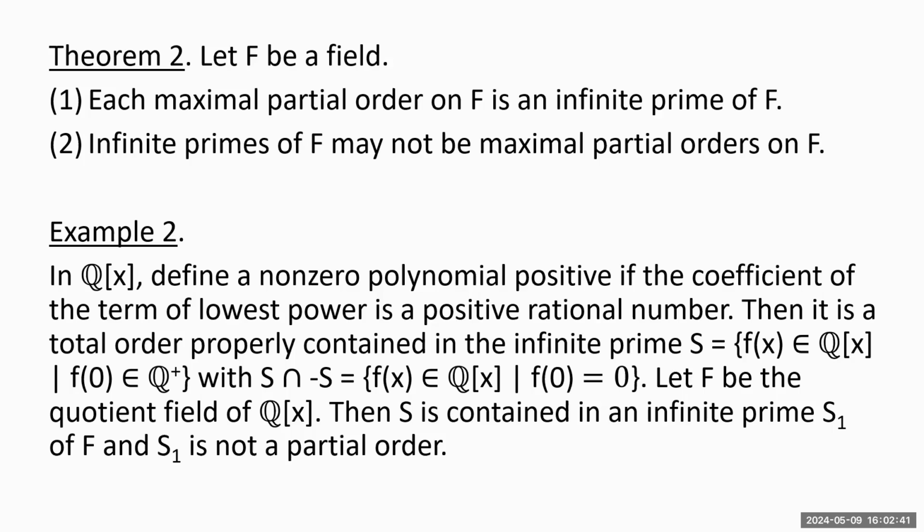We suppose F is the quotient field of this polynomial ring. So this S will be a preprime in F. We can extend S to S1, and S1 will be an infinite prime. S1 cannot be a partial order, because the intersection of S1 and negative S1 contains the intersection of S and negative S, so it's not 0.